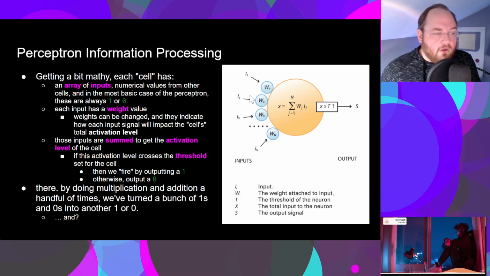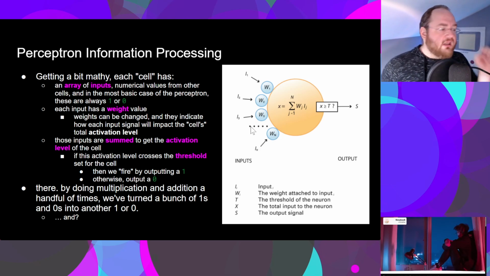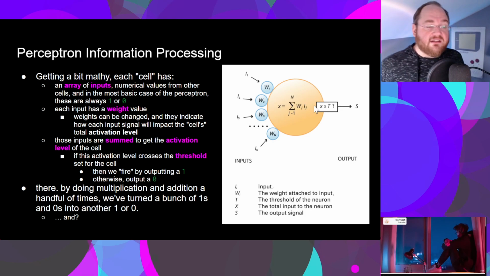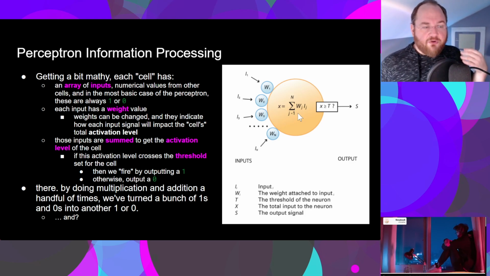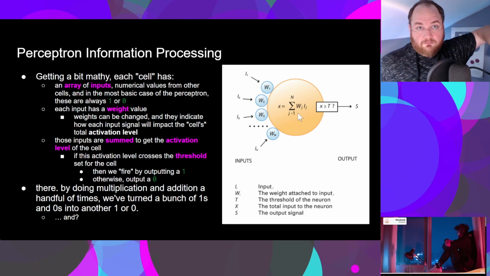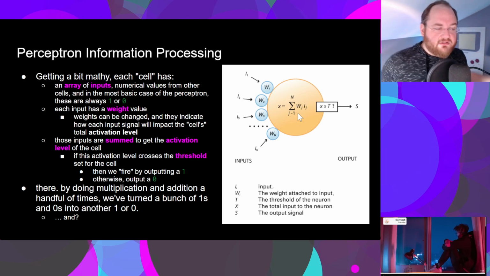So all the different connections coming into this neural cell are being summed up based on how strong the connection is between this cell and the previous cell. And then finally, the question is, do I reach threshold? After summing up all the values, do I reach a point where I'm going to fire? And the firing is, once again, just a 1 or a 0, as we received for input.